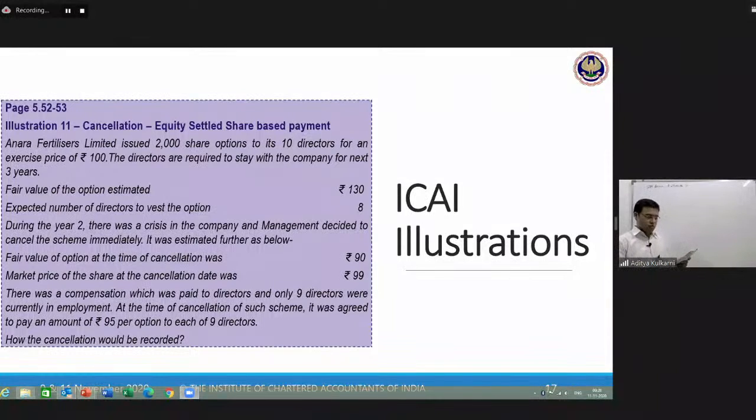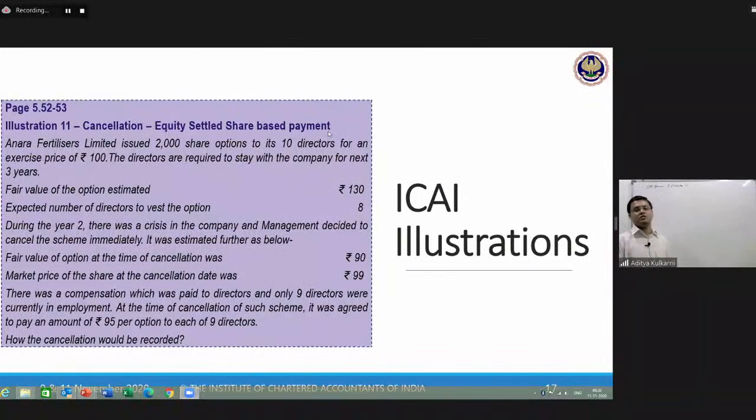So what will you do? To the extent of the difference between the fair value and the compensation, that represents the loss that will be taken to your profit and loss account. And the balance, if any, that will be there in the share-based payment reserve will be transferred to equity. So this is a case where there is a problem in the company.